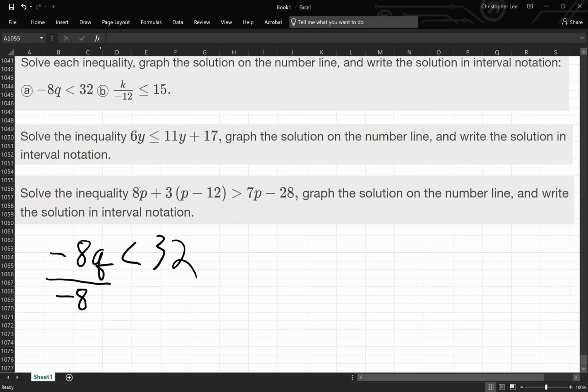You always want to divide by everything that's in front of the variable, right? But what you do to one side of the inequality, you have to do to the other side. So now what do I have? I have Q is less than negative, what's that? Say it again? 180?